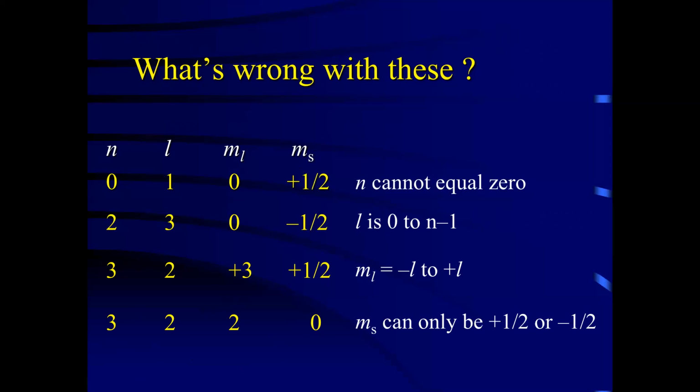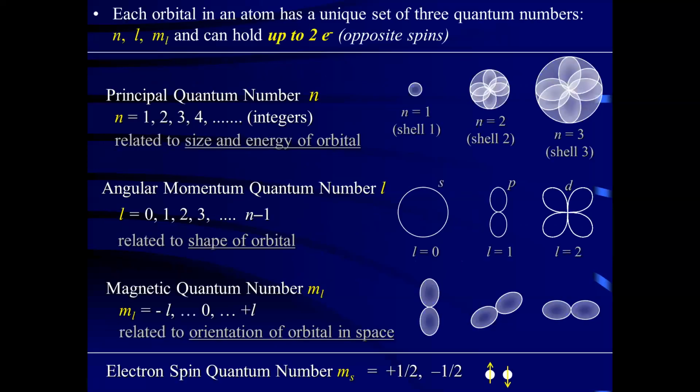Okay, so this is in-class practice. This slide summarizes what we learned from these 2 classes. I don't want to repeat the same knowledge, but it's good for you. I posted this one on Canvas so you can review this knowledge. For example, each orbital in the atom has a unique set of 3 quantum numbers and can hold up to 2 electrons with opposite spin.